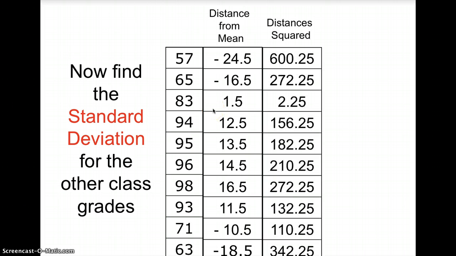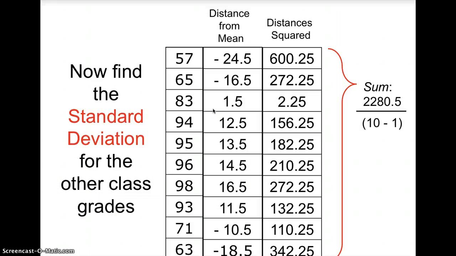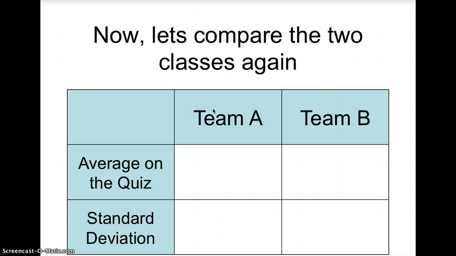Then square those values, add them up, divide by the number of samples minus 1. There were 10 students sampled, so that's 10 minus 1. Take that value and use the square root, and the square root of that gives you the standard deviation of 15.91.